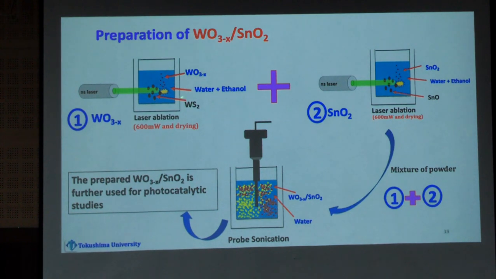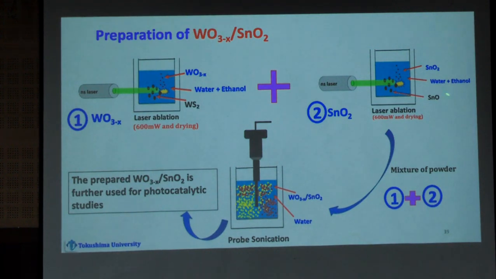We started with WS2 and we create WO3 minus X. In the laser ablation itself, we are using the laser energy. So laser energy breaks the W and S2, and O comes from water and it can create WO3. That's why this result is interesting.